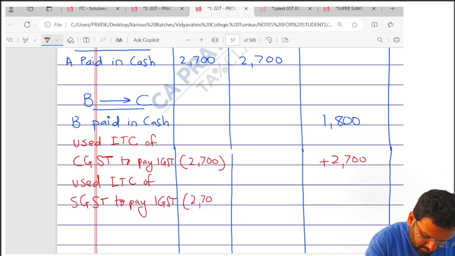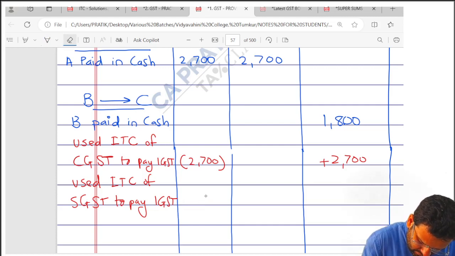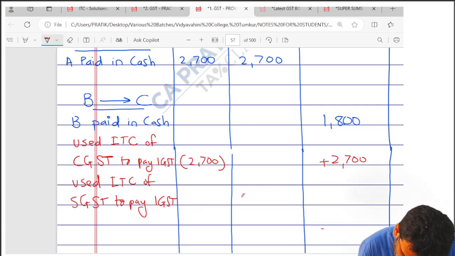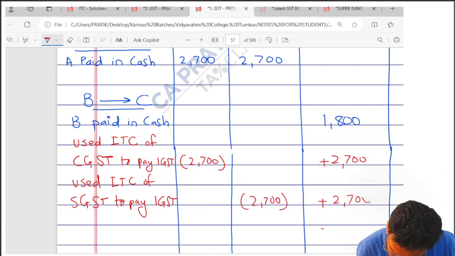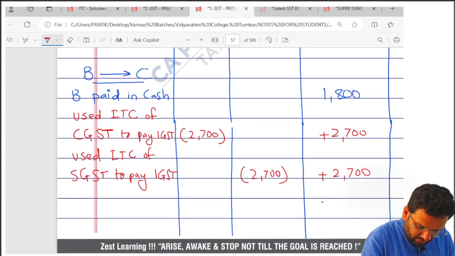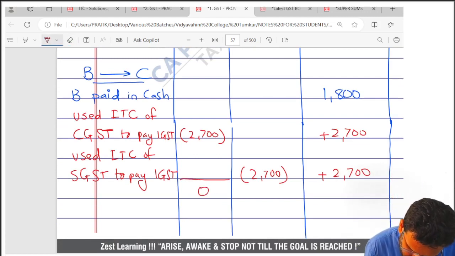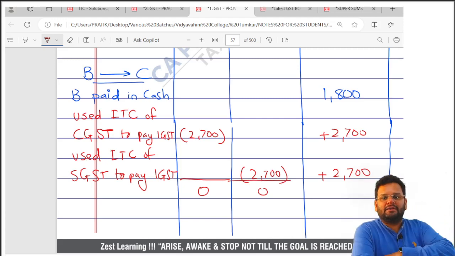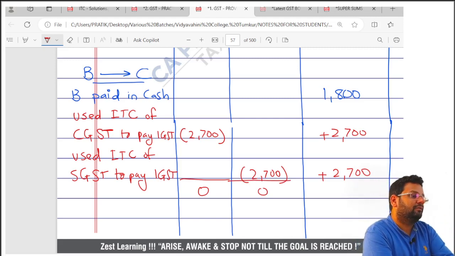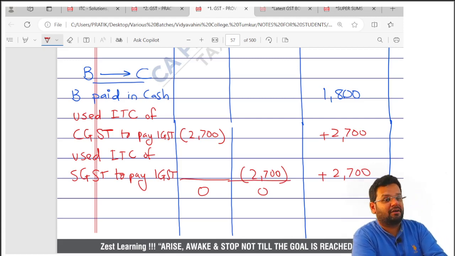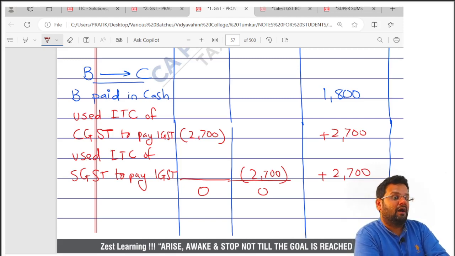Picked up 2,700 from SGST and transferred to IGST. So friends, at this juncture there is 0, 0. Unfortunately, Karnataka government gets 0 because consumption is not happening in Karnataka. Right now, how much is lying in total in IGST account?